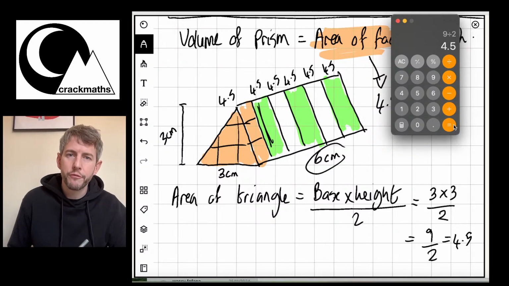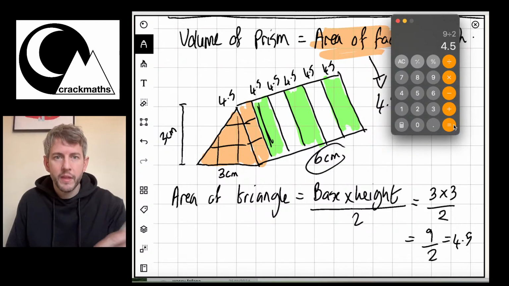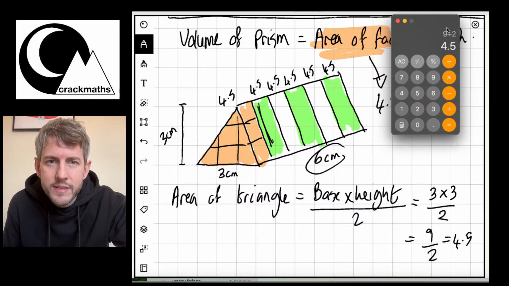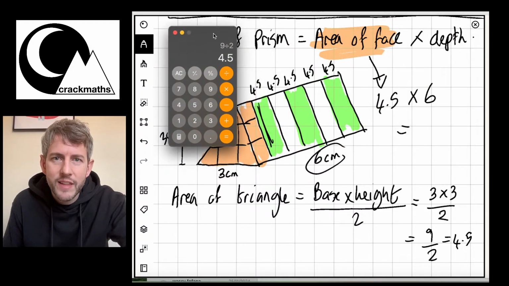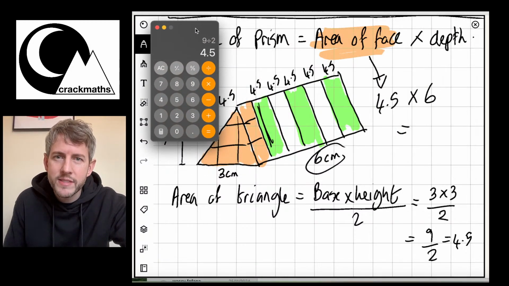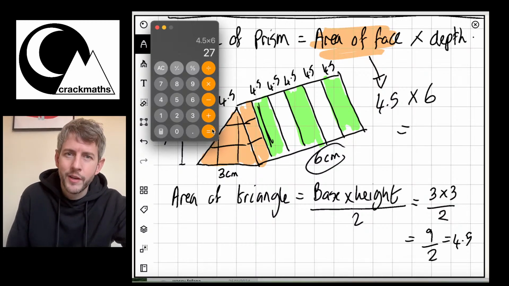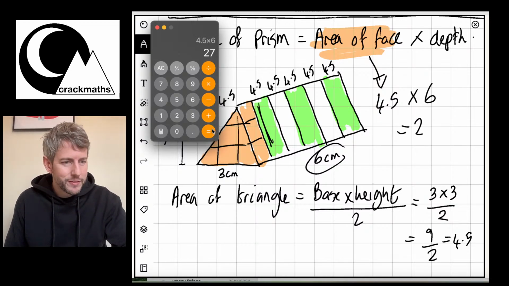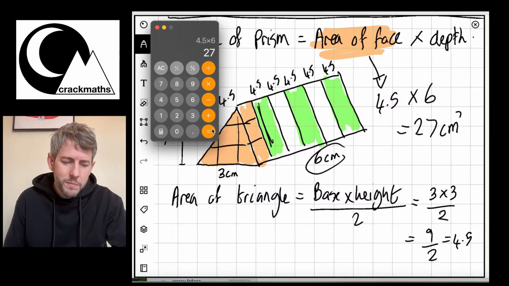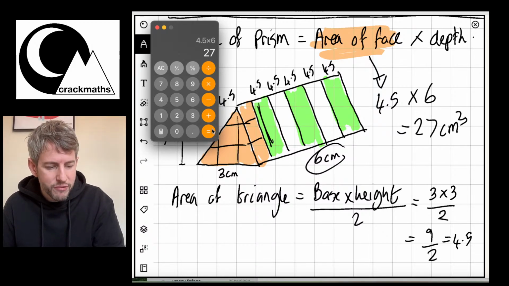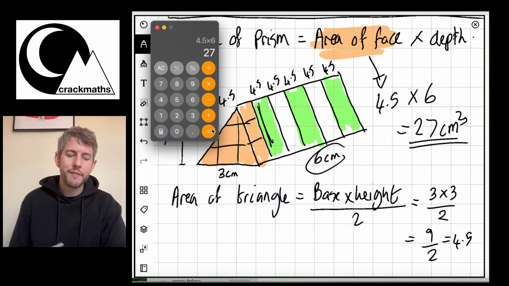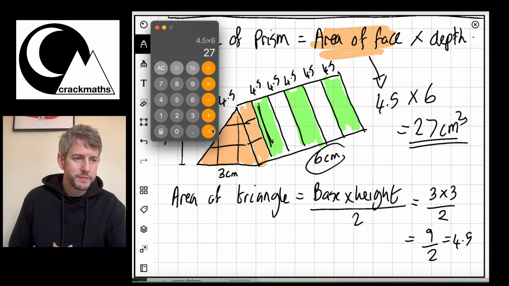So we've got 4.5 times 6, and that's something I'm going to do on my calculator. Okay, and that equals 27. So the volume of this prism would be 27 centimeters cubed.